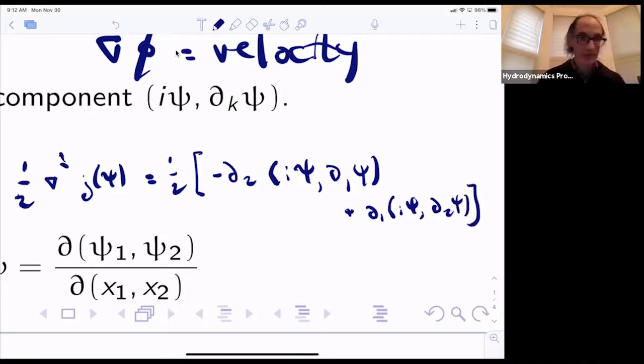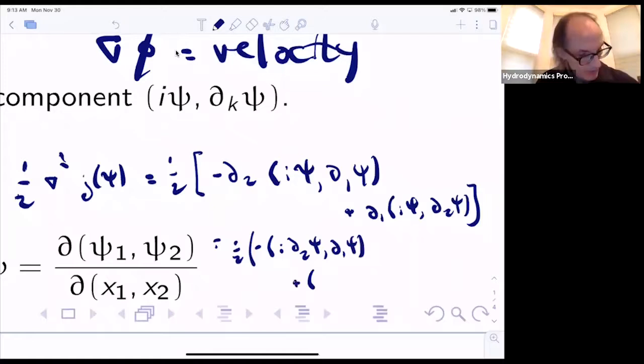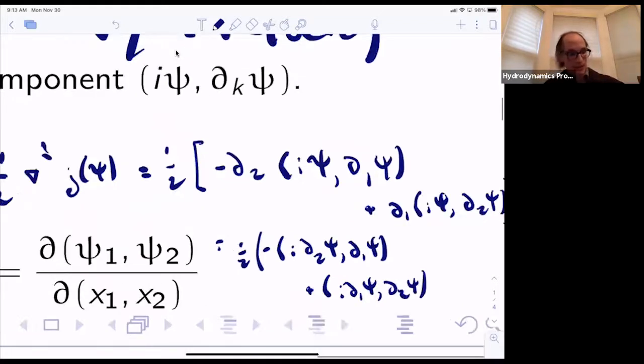And so what happens when I do this? Using the product rule, I get a term involving minus i d2 psi, d1 psi, plus i d1 psi, d2 psi. And then the other terms, I'll have i psi inner product with d1 d2 psi twice with opposite signs. So those cancel.